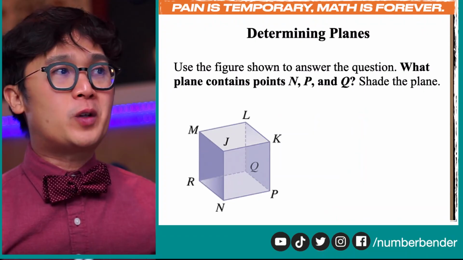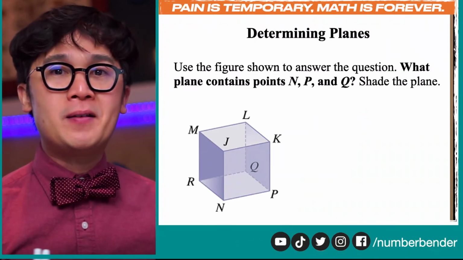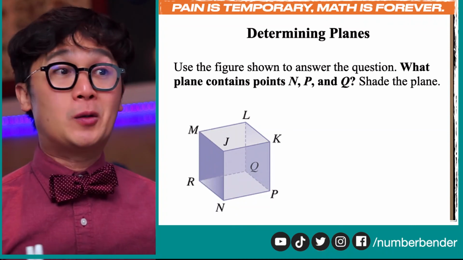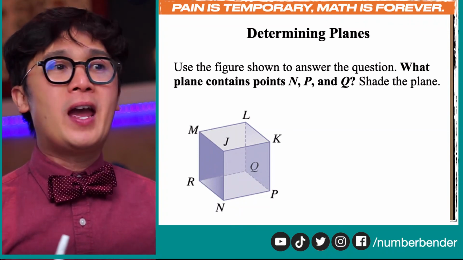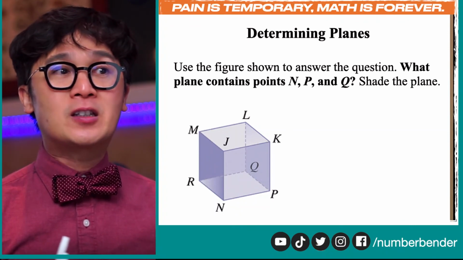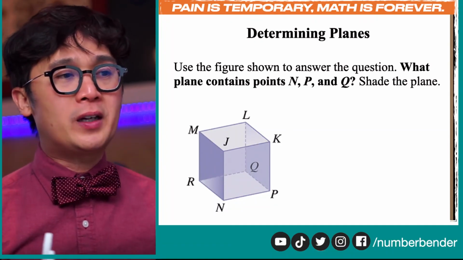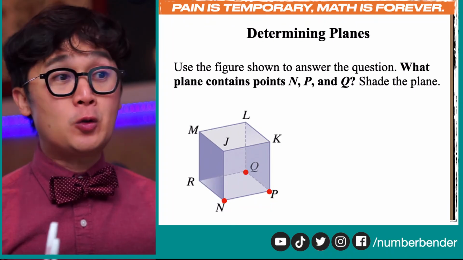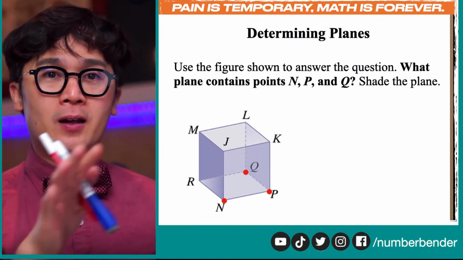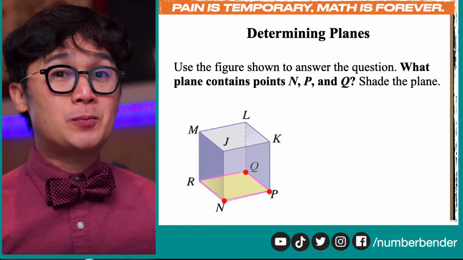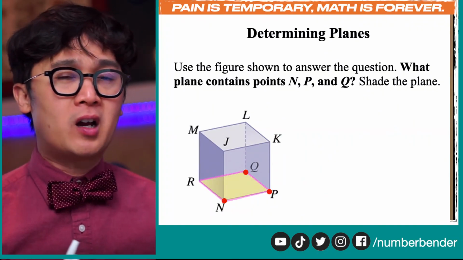And another thing that we can do is to determine those points in this particular plane. So now we're seeing a cube, and we need to shade the plane that contains points N, P, and Q, and by just looking at the cube, we know that N, P, and Q are there, and if we find that plane, it's associated with this plane right here, which is the bottom part of the cube.